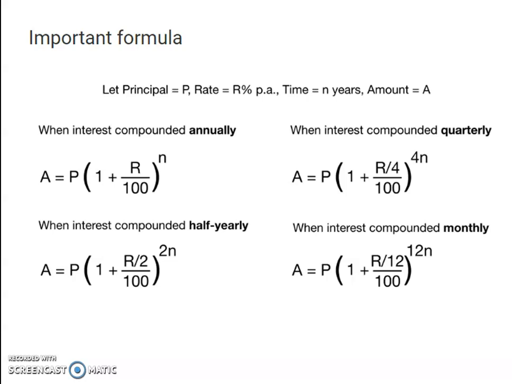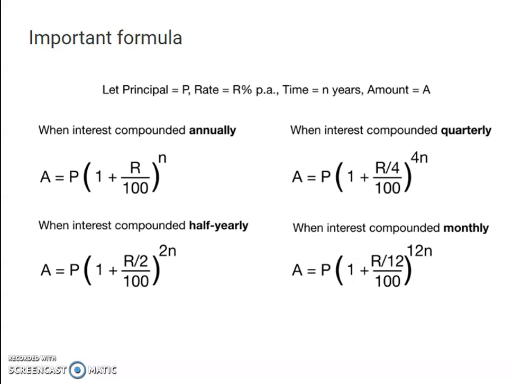So once again, when the interest is compounded annually, this will be the formula. Half yearly means you will divide the rate by 2 and multiply the time by 2. Quarterly means 1 by 4, so you will divide the rate by 4 and multiply the time by 4.